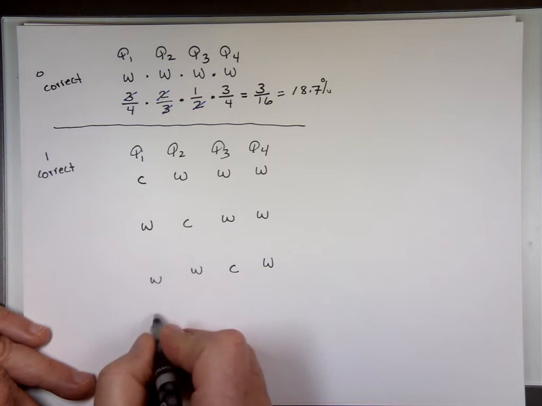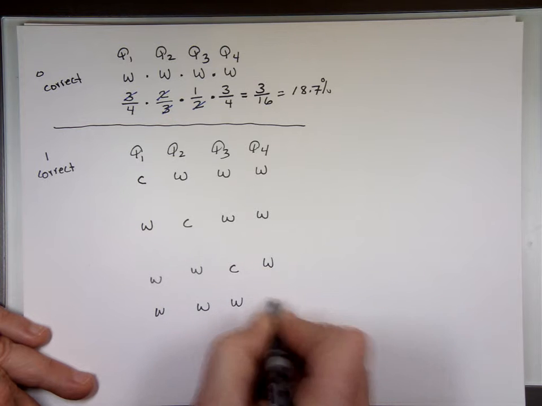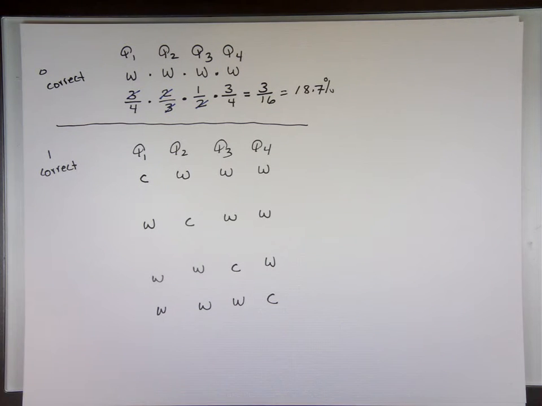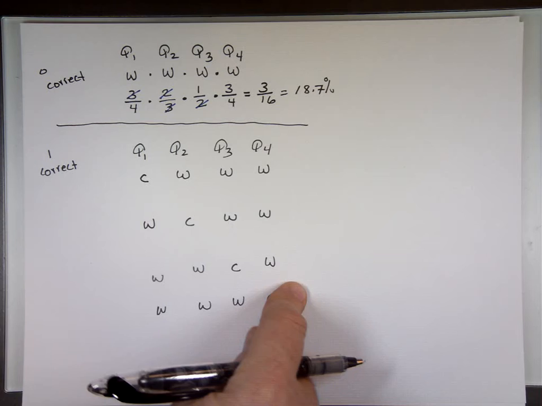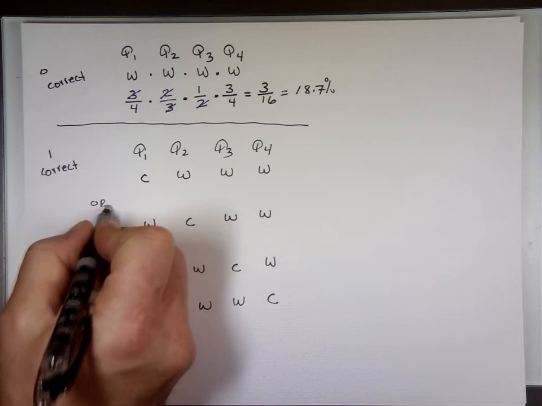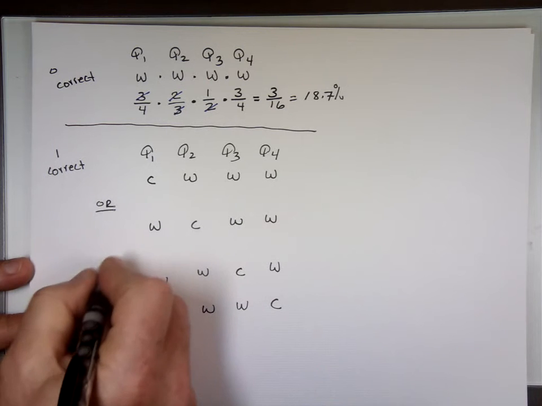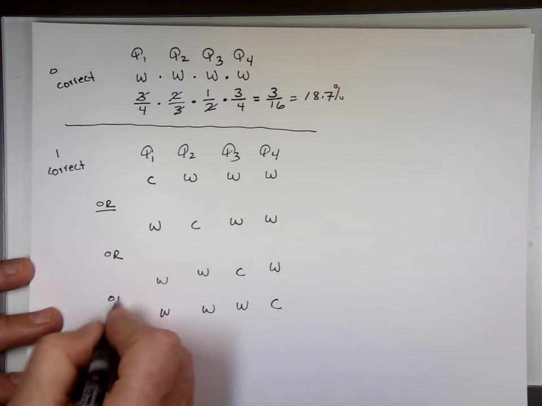And the other possibility could happen if it's wrong, wrong, wrong, correct. So there's 4 different ways you can get 1 correct answer. Not just one way. So you have to find the probability of each one of them, because it could be this, or means add, could be this way, or could be that way, or could be this way.